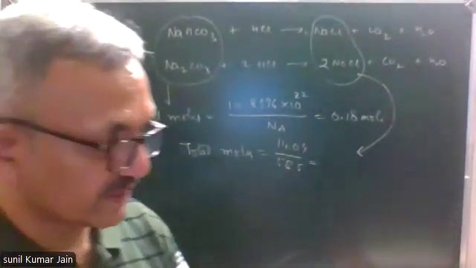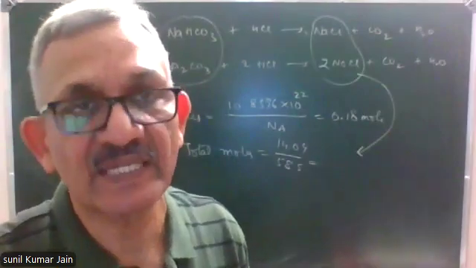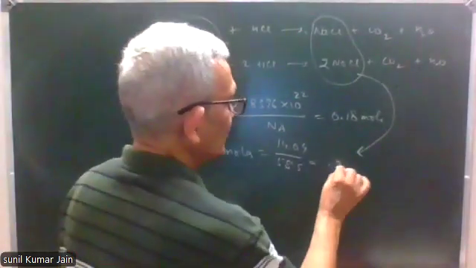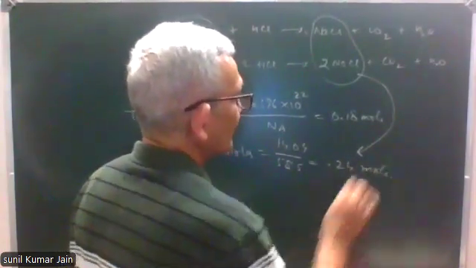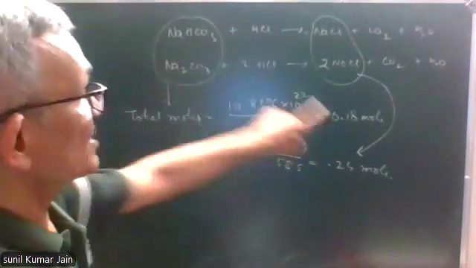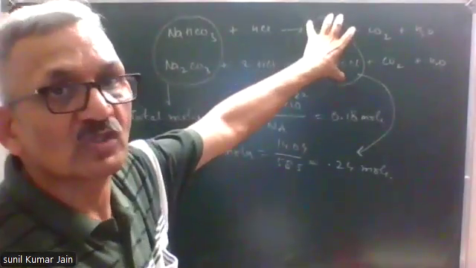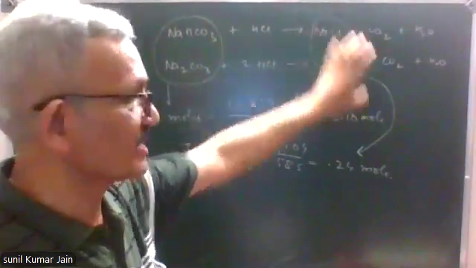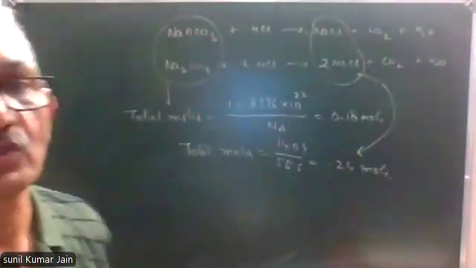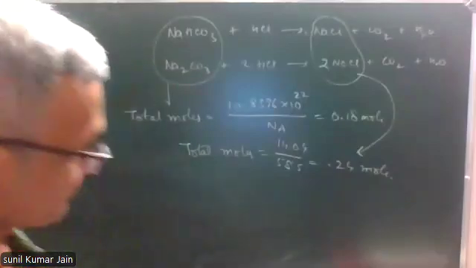This will come out to 0.24 mole. So total moles of the reactants is 0.18, and total moles of NaCl produced by both reactions is 0.24 mole. We have to calculate the percentage of sodium bicarbonate in the mixture.